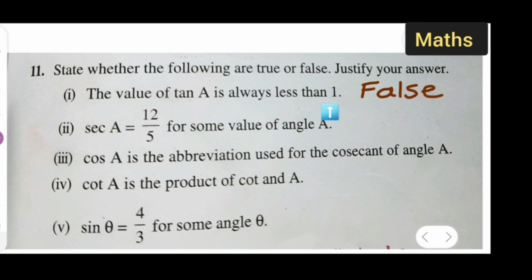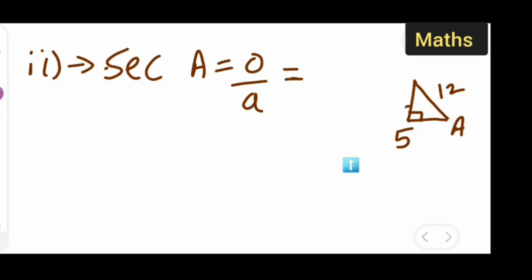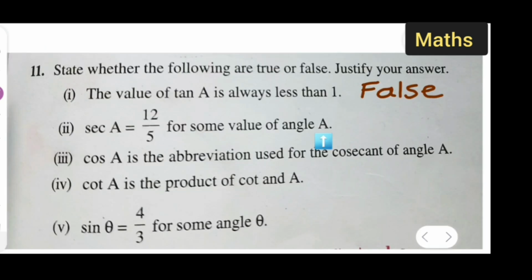Moving towards the next one, sec A is equal to 12 upon 5 for some value of angle A. So let us see this. Here sec A is equal to hypotenuse upon adjacent, where the hypotenuse is 12 and the adjacent side is 5. Obviously the hypotenuse is greater.